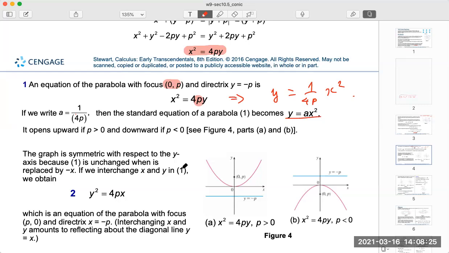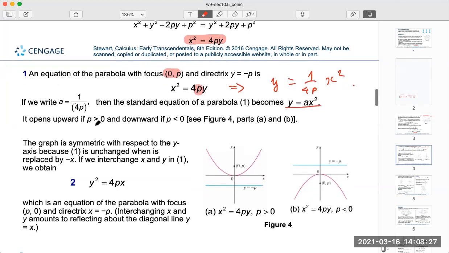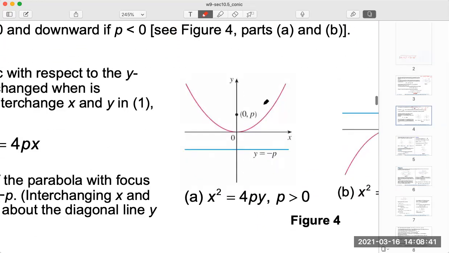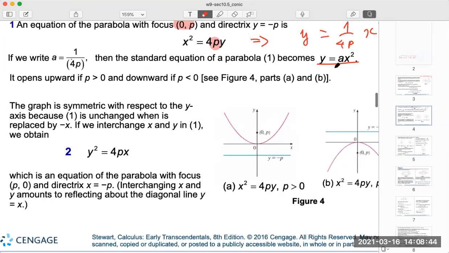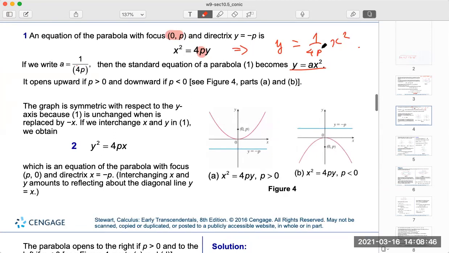Okay? And here, if p is positive, suppose p is 1, you will see the special case. If p is positive, it will be a positive number multiplied by x squared, right?